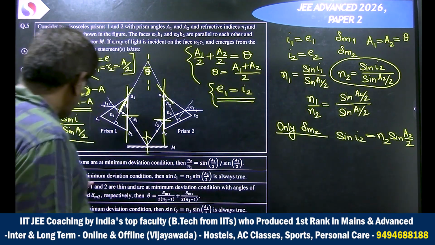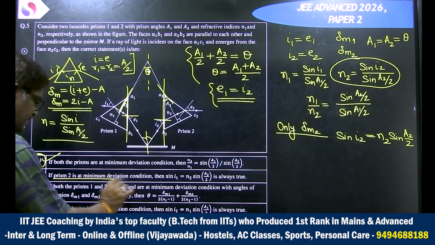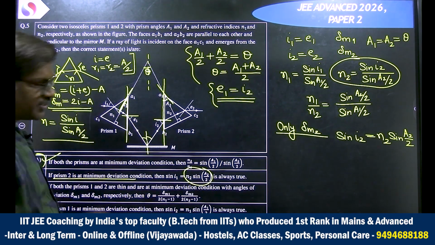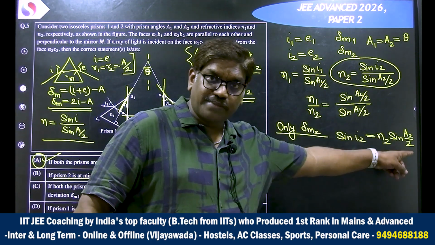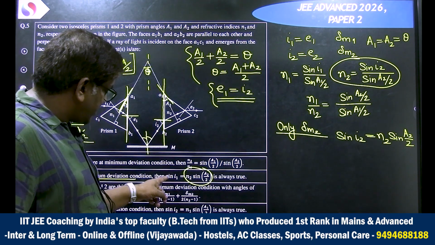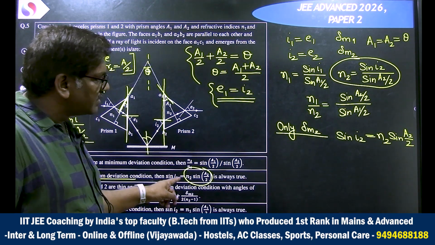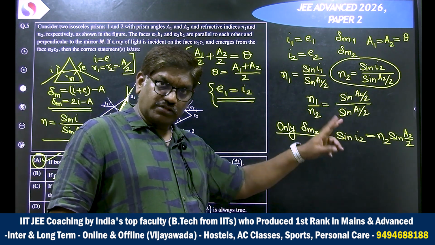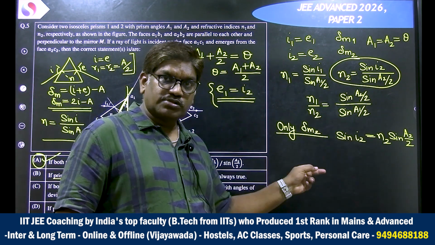So here, if you see the second one, prism 2 is at minimum deviation. That means your RHS will be matching N2 sine of A2 by 2. Now what is on the LHS side? It is sine I1. But here it should be sine I2. You have to think whether sine I2 will be equal to sine I1.